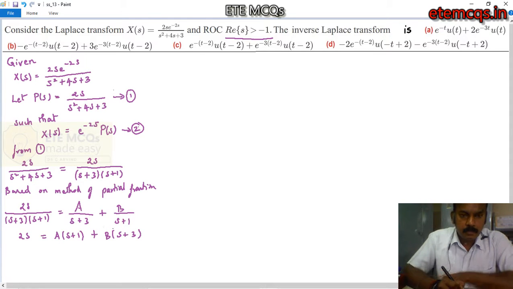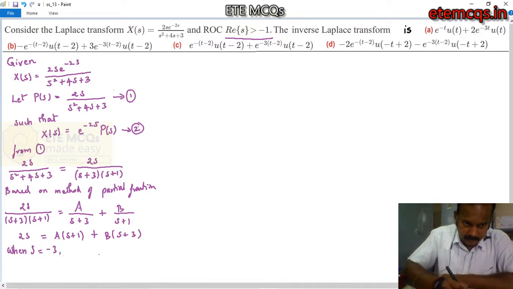Now we are supposed to find A and B. The arbitrary constants A and B are to be identified. When s is equal to minus 3, we will get A. Putting s equal to minus 3 in the above equation, 2 into minus 3 is equal to A into (minus 3 plus 1) plus B into 0.